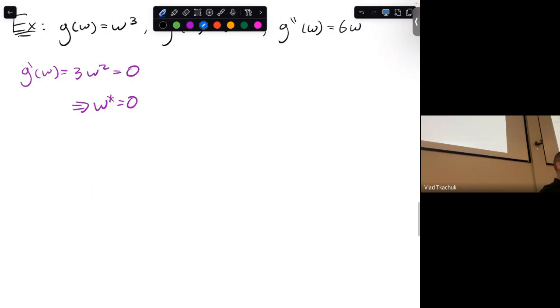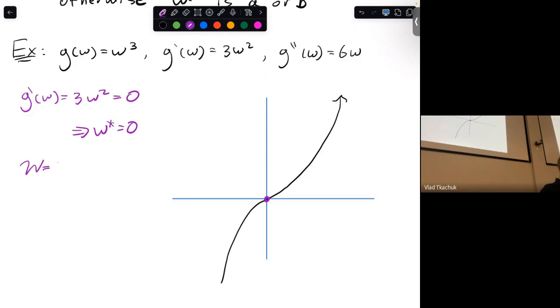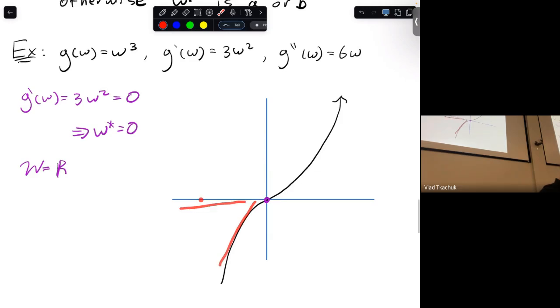And then I go and plot my function. And I quickly find out that there is a problem, because I just found that my minimizer is here. And if W was the real numbers, then the minimizer is, I mean, negative infinity. You can get it as small as you want.